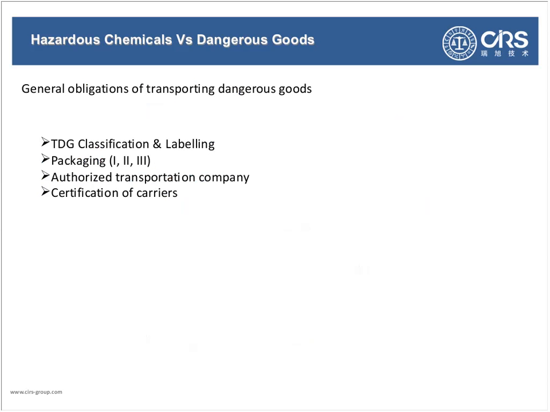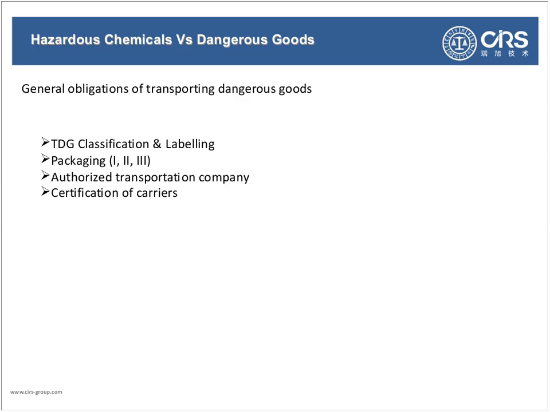Besides, in China, if you want to transport dangerous goods, you must entrust a transportation company which has specific certificates. If they don't have the certificates, you can't ask them to transport dangerous goods for you.